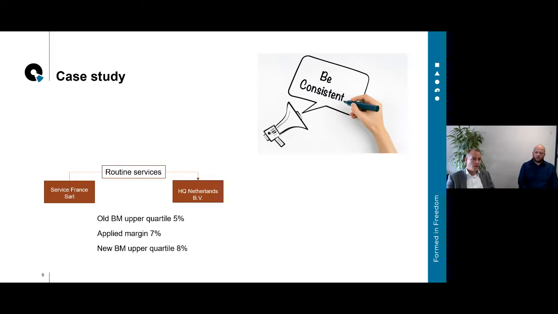Yeah, so I think consistency was of key importance here. So the benchmark was quite heavily scrutinized, and they couldn't shoot a hole in it, so to say. And I think the key message here is that such a benchmark study can actually create a result for you.